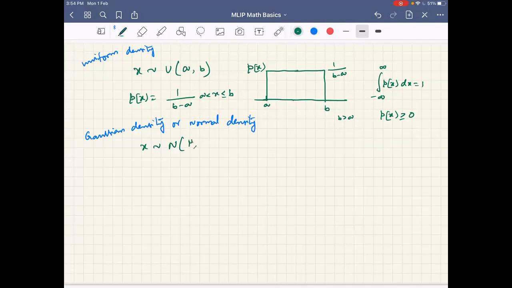The specialty of the Gaussian density is that it can be parameterized with mean and variance. It can be completely specified by mean mu and variance sigma square.